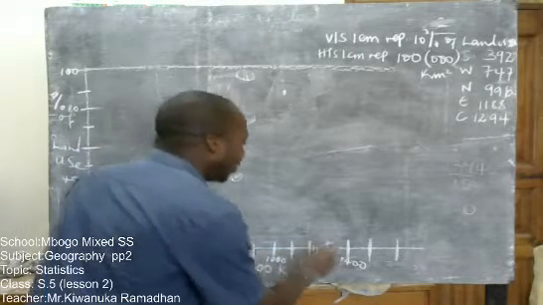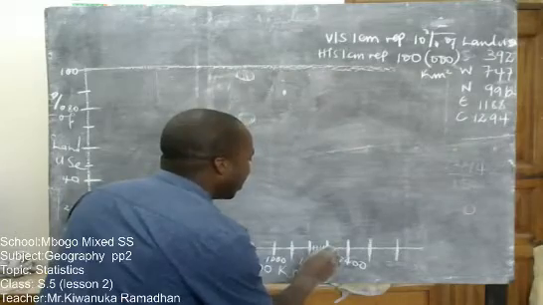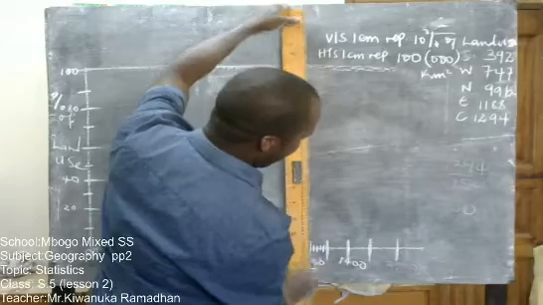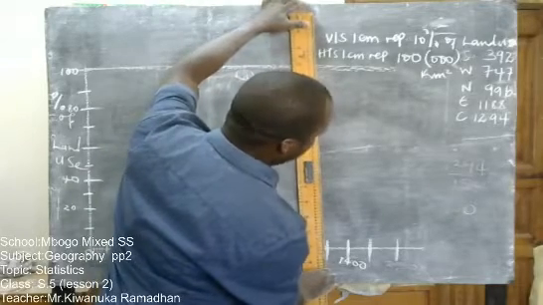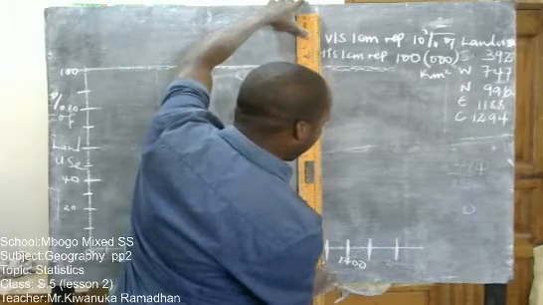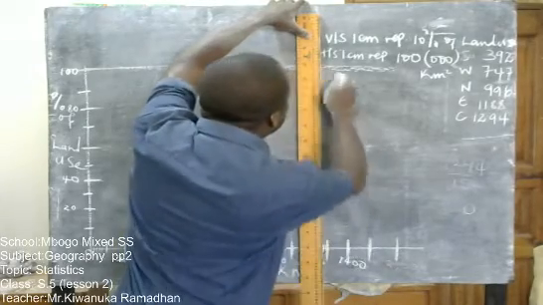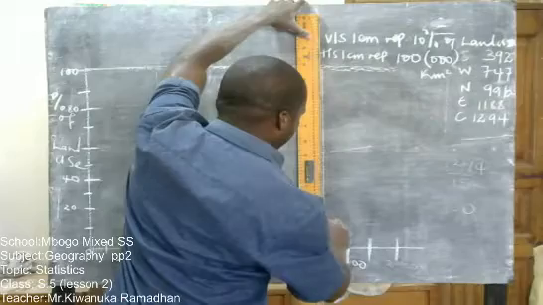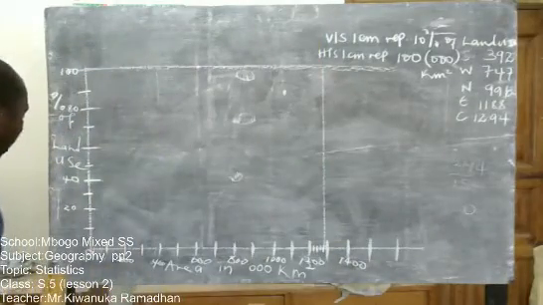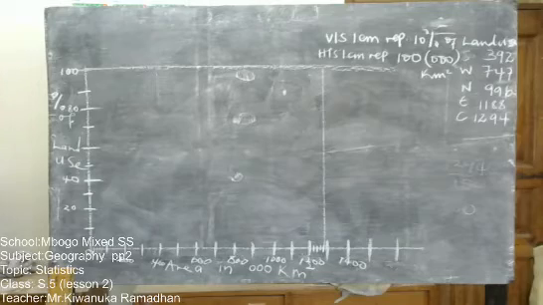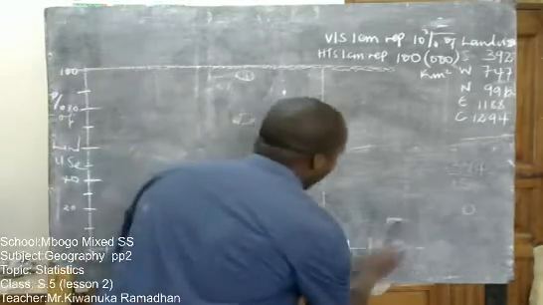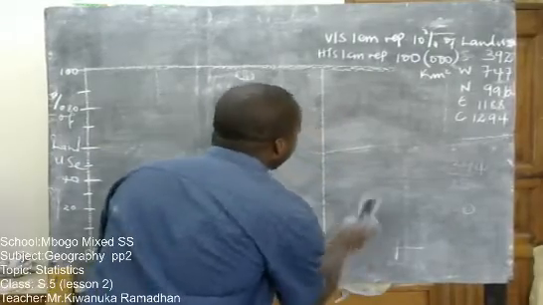Yes, the 94 is somewhere here. So you come, then you demarcate off the 90 something. I've now demarcated off the 1,294. This one I am now erasing because I don't want it.